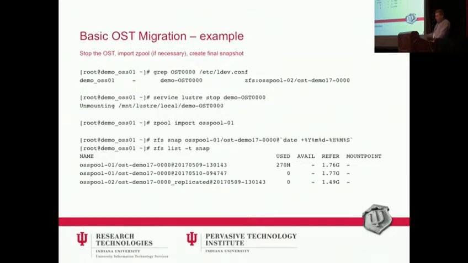Here again, you would stop Lustre, you would stop that OST so that there were no updates occurring to it. You would edit your ldev.conf, or whatever your startup mechanism is, for changing the mount options or the source device of the mount. You would perform your final snap, send, receive operation.